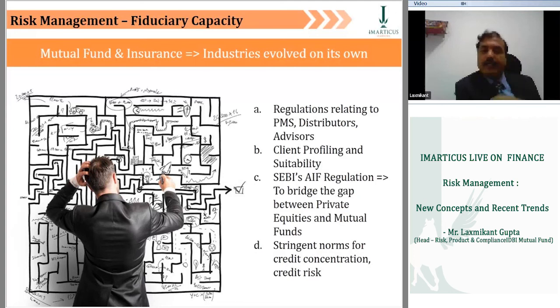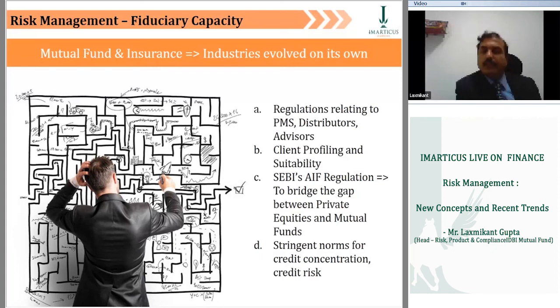This again came up with the fraud which happened with one of the wealth advisors around 2-3 years ago, where they did not have proper information about the clients, and advisors were just going on rampantly to sell certain structured products.